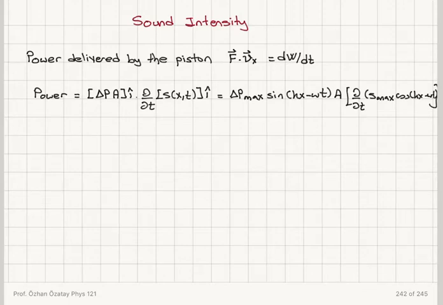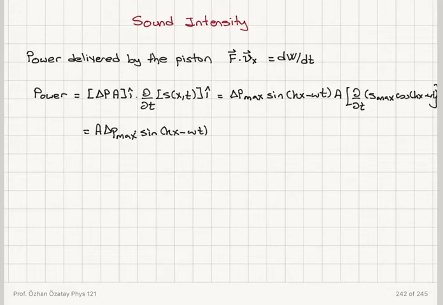So this will give me for the power: power is equal to area times delta P max sine(kx minus omega t).